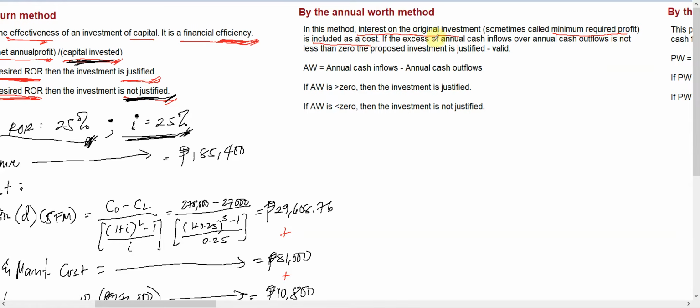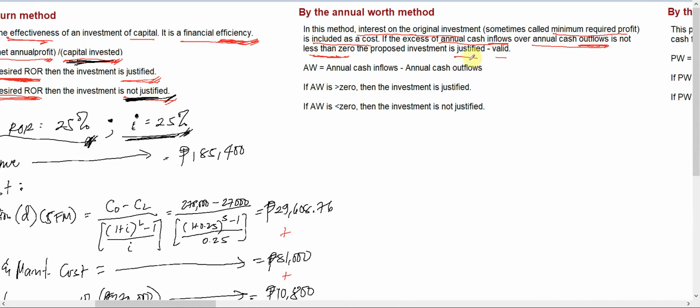If the excess of the annual cash inflows over the annual cash outflows is not less than 0, the proposed investment is justified or valid. Alam naman natin ang cash inflows is yan yung pumapasok na pera natin, cash outflow yung lumalabas. Kapag pinag-minus mo yan, inflows minus outflows, kung not less than 0, meaning positive numbers, syempre may kita.